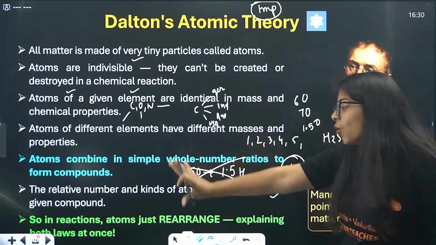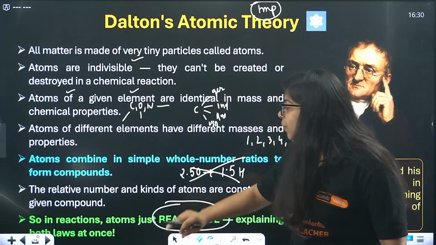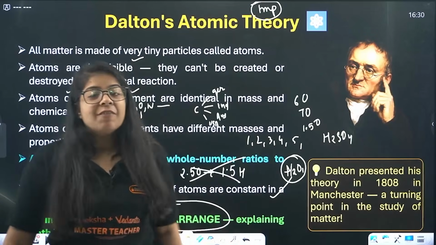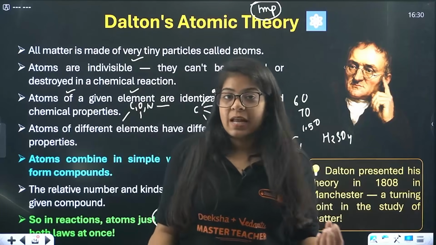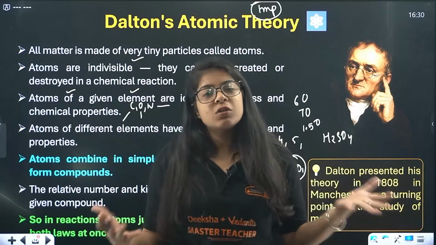In a reaction, atoms are just rearranging, explaining both laws at once. You'll study reactions in class 10th, like acid plus base gives water plus salt. You'll see what is happening.